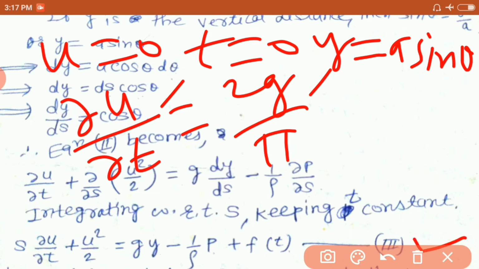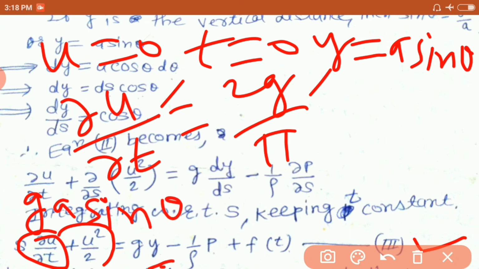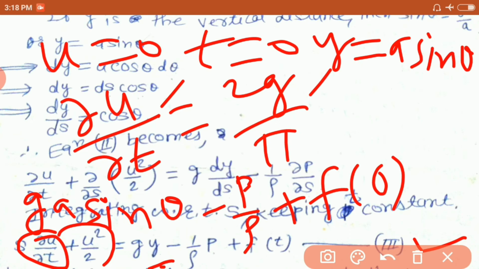Again this third equation becomes: u is 0 means this part is 0, this is also 0. y is equal to a sin theta, g as it is, so write here a sin theta, minus 1 by rho p, so p by rho as it is, plus t is 0, so this is f of 0, and this part is 0, so this is equal to 0.